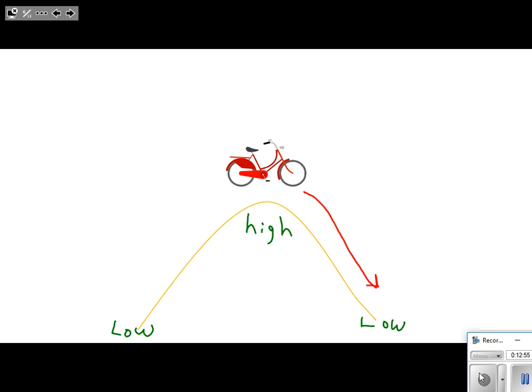No. So that side is passive transport. Because I don't have to exert any energy. We don't need energy to ride down the hill, do we? Okay, we don't need energy to ride down the hill.